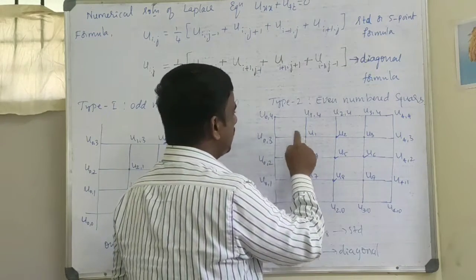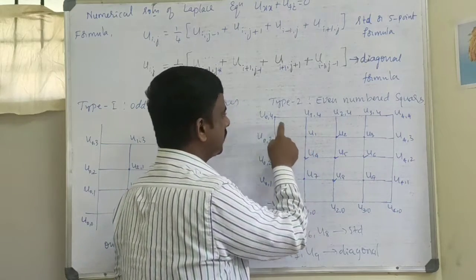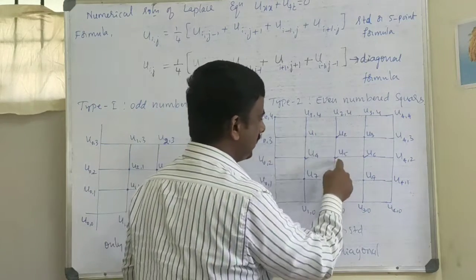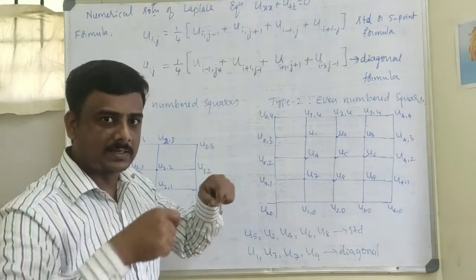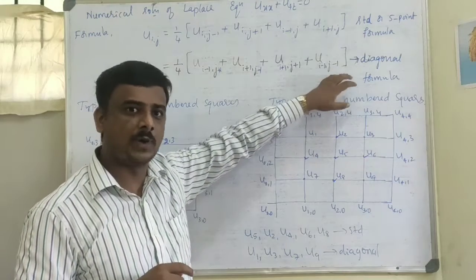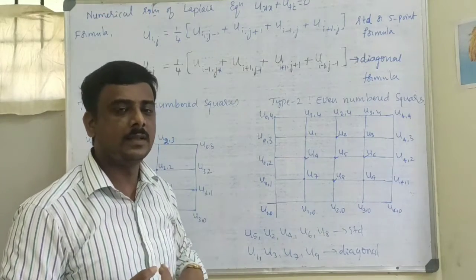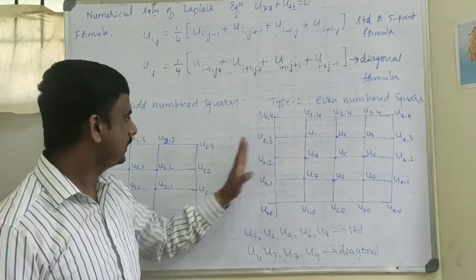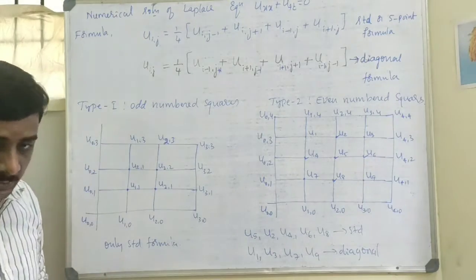Diagonal formula is, suppose I want to find this using the diagonal formula, then I have to take the average of this diagonal, this one and this one. So if I take the average of the diagonals of the entry, that will be the diagonal formula. If I take the average of the coordinates, then it is the standard formula. So these are the possible types in Laplace equations.